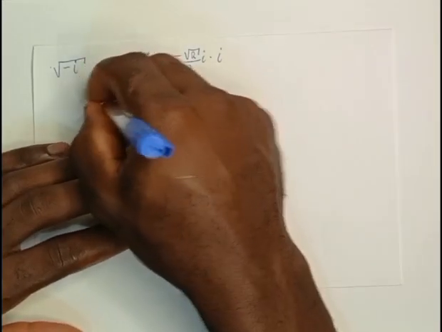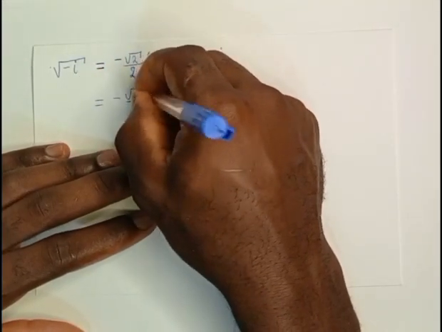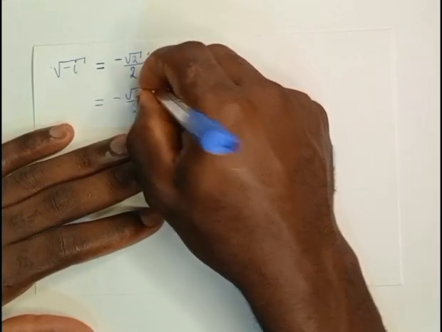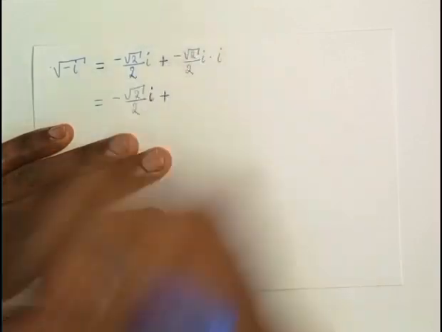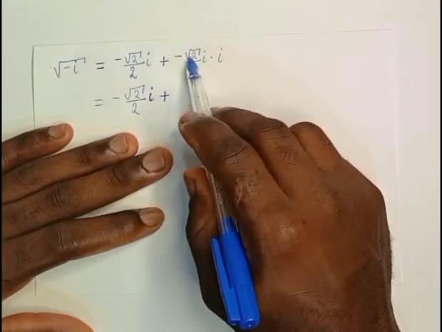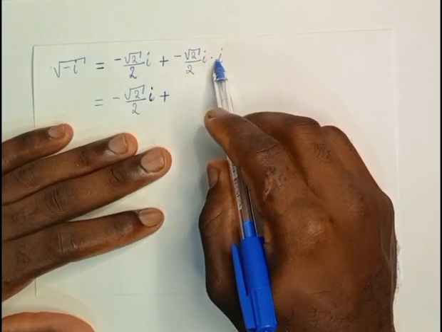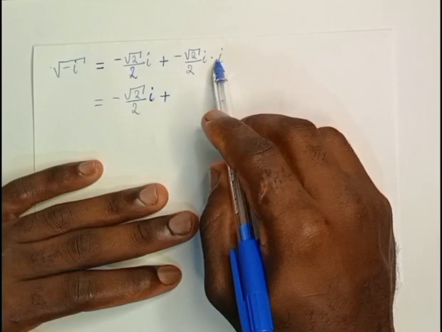This will simply be equal to negative root 2 over 2 plus negative root 2 over 2 times i times i, which gives us i squared. i squared is simply equal to negative 1.